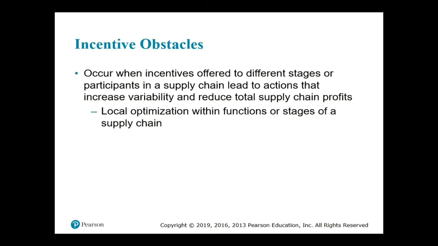So, for example, one is the local optimization, whether it's localizing within each function in the supply chain or each stage within the supply chain. For example, if the compensation for the transportation department is linked to transportation cost, then we're going to see transportation make decisions that tend to decrease the unit cost of transportation.